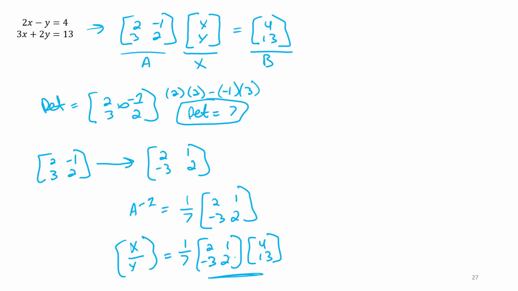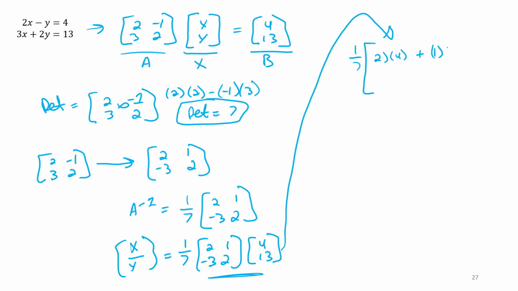And so when you do these ones, so 1/7, you get 2 times 4 plus 1 times 13. Then you would get -3 times 4 plus 2 times 13.